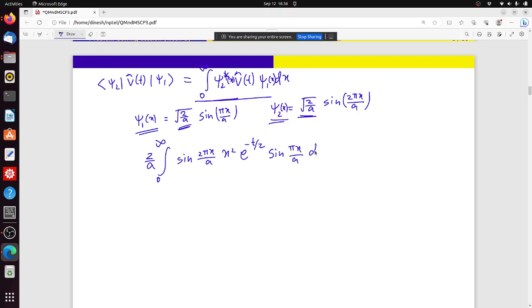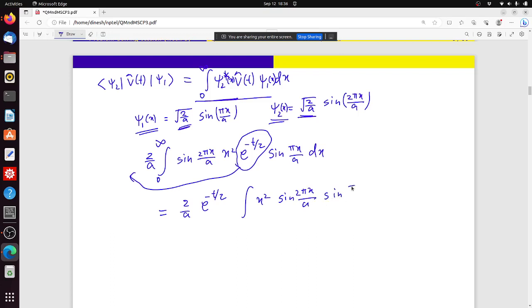So this integration is time independent, so I can take this out. Then this will be 2 over a e to the minus t over tau, integration x square sin 2 pi x over a sin pi x over a dx. Limit goes from 0 to infinity.